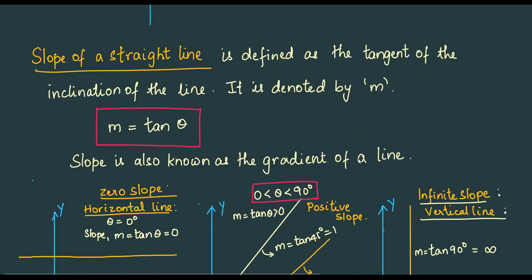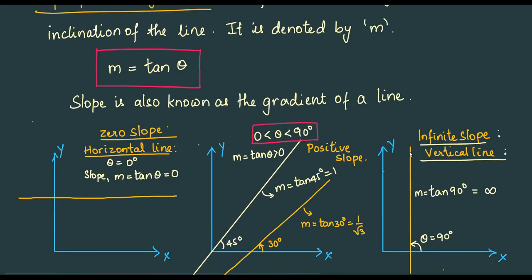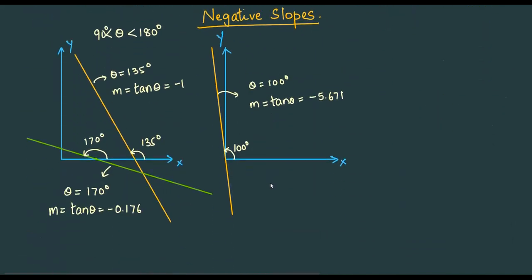These were the cases of positive slopes. This is infinite slope, zero slope, positive slope, infinite slope, and negative slopes. So a negative slope means the inclination theta is greater than 90 but less than 180. Okay.